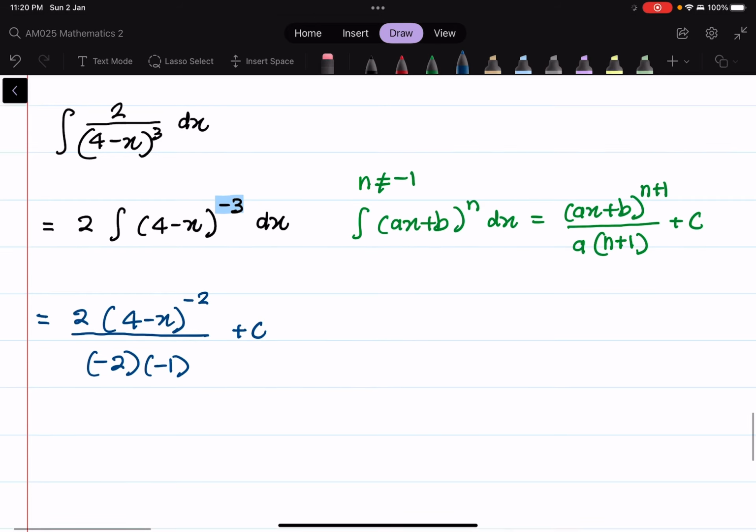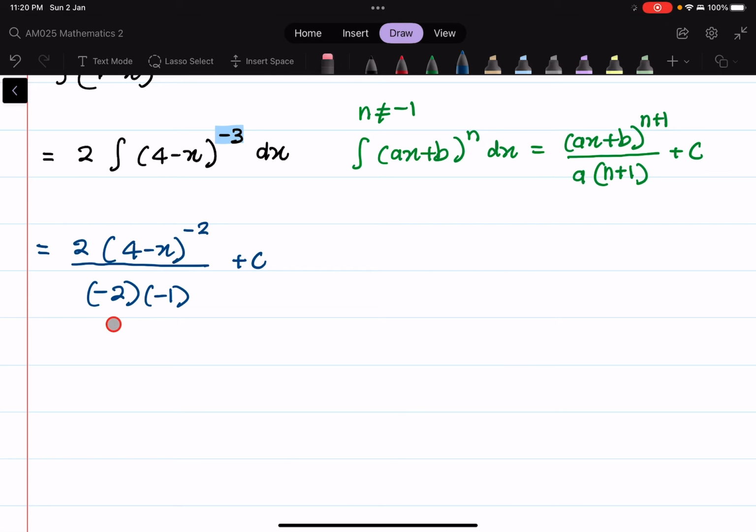If we simplify this, 2 divided by this is going to be positive 2, so 2 divided by 2 is 1, and I'm going to write 4 minus x to the power of negative 2 as 1 over (4 minus x) to the power of 2, plus c.